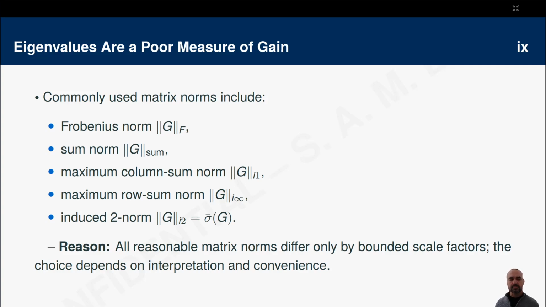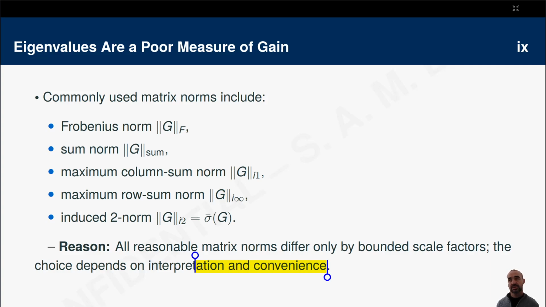All reasonable matrix norms differ only by bounded scale factors. The choice depends on interpretation and convenience. So as you know, we also talk about convenience here. It's not just about interpretation, but it also depends on convenience.